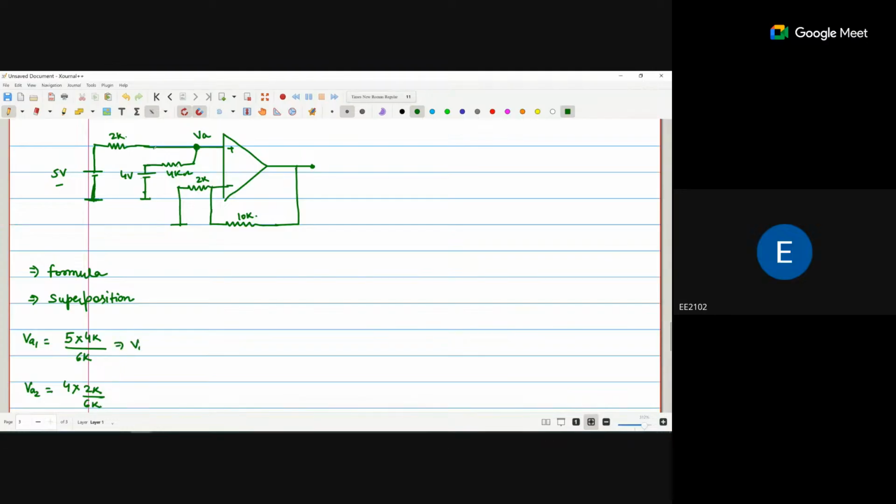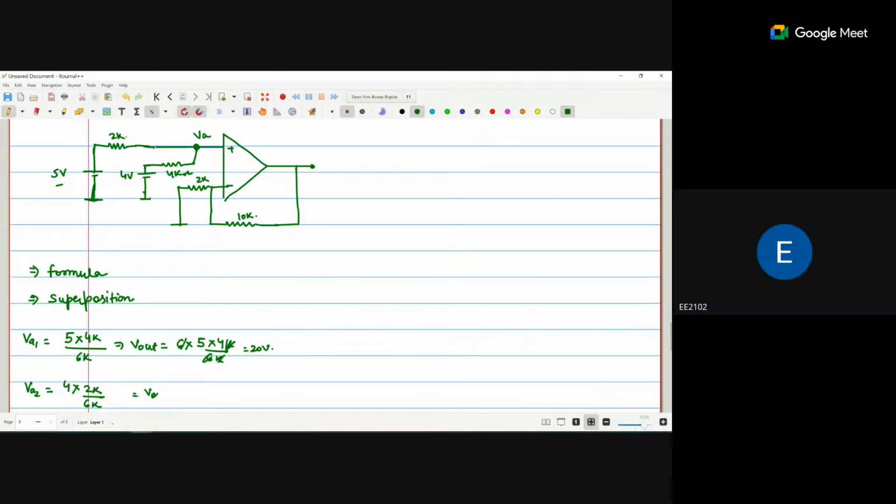Because of this one, we are getting V out. V out is 1 plus 10 by 2. So that is again 6 into 5 into 4 divided by 6K. K and K cancel out, 6 and 6 cancel out, so it is 20 volts.